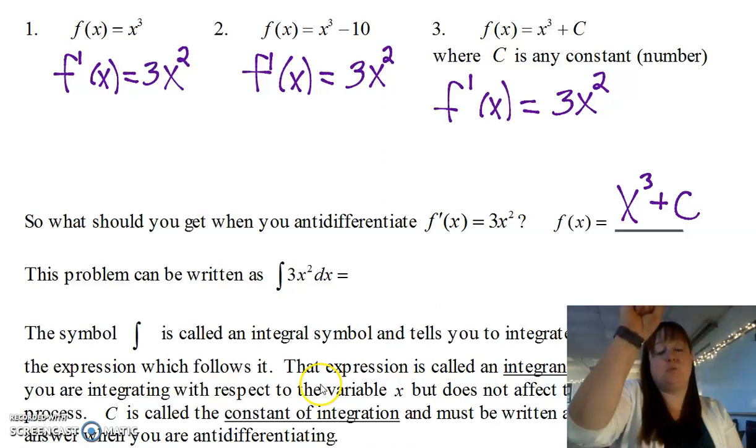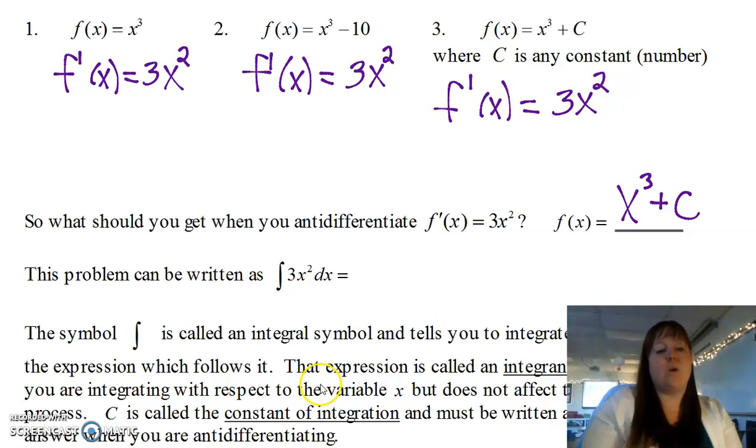It could be x cubed moved up a little bit. It could be x cubed moved down a little bit. The slope at each point is still the same, right? If I just take that little loop-de-loop, x cubed, the slope at every single point is the same, whether I shift it up or whether I shift it down. Same exact slopes. So the function plus or minus a constant is going to have the same derivative.